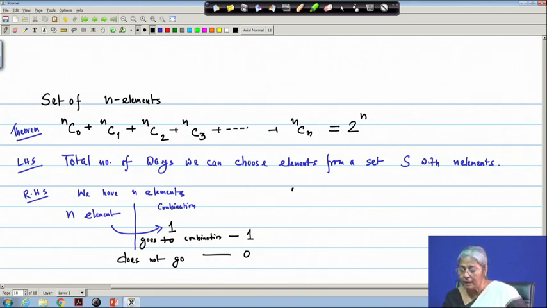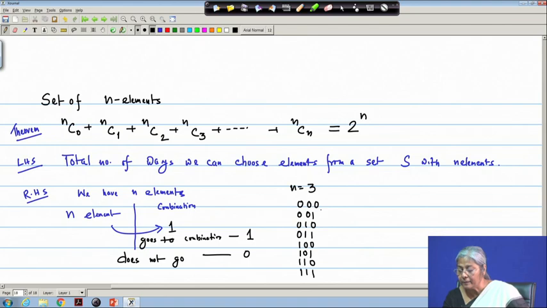If n equal to 3, I can write 0 0 0, 0 0 1, 0 1 0, 0 1 1, 1 0 0, 1 0 1, 1 1 0 and 1 1 1.